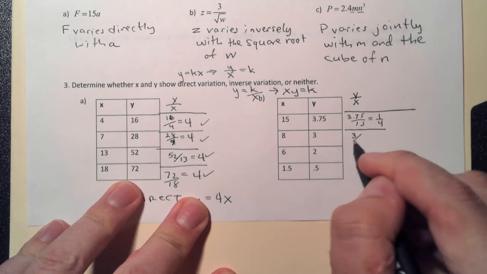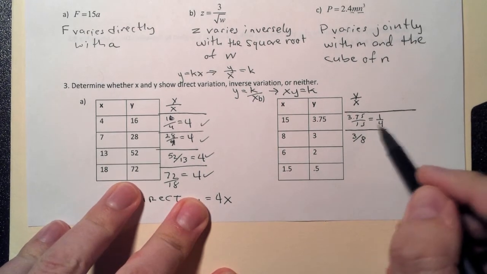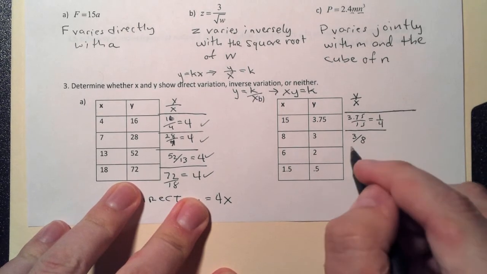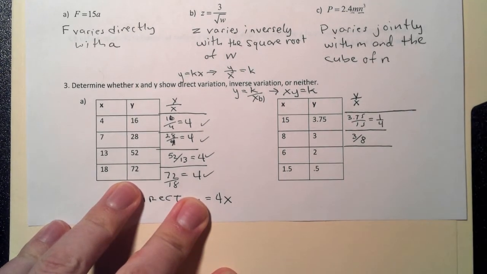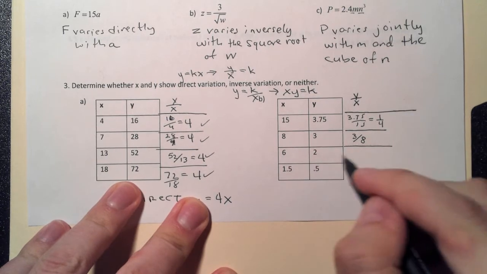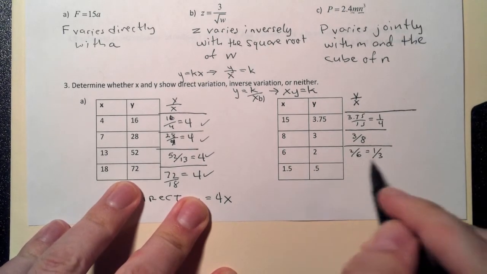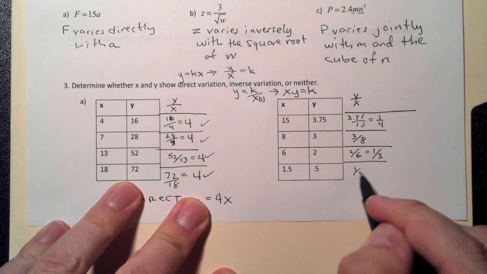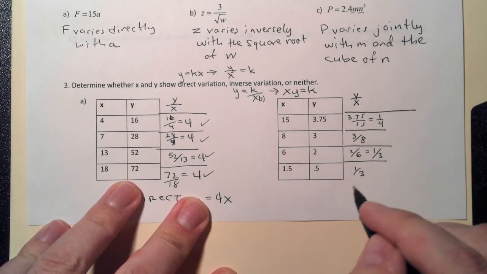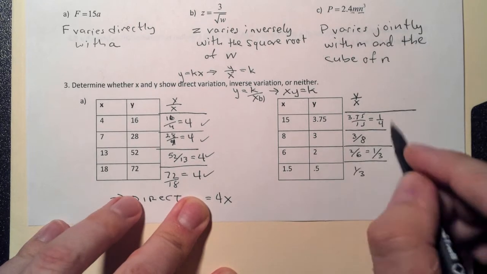Next up, I will see 3/8. 3/8 is not 1/4. These don't match up. Next up, I'd have 2 over 6, which is 1/3, and then 0.5 over 1.5 is also 1/3. But these are not all the same. Okay.